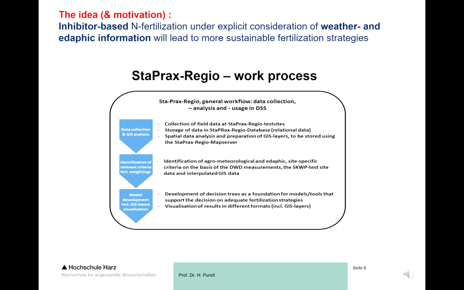Of course, we have a much more detailed work plan within the project, but these general aspects are data collection and GIS analysis of the data, the identification of relevant criteria and the search for potential weightings. Are all the criteria equally relevant, or are there some criteria more, others maybe less important? This is a quite important question. And from this, maybe models can be developed.